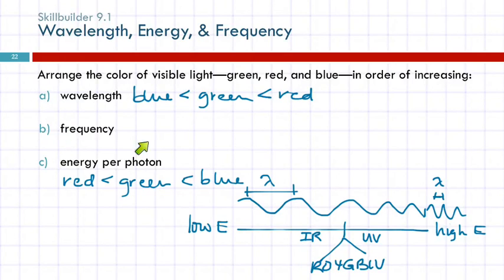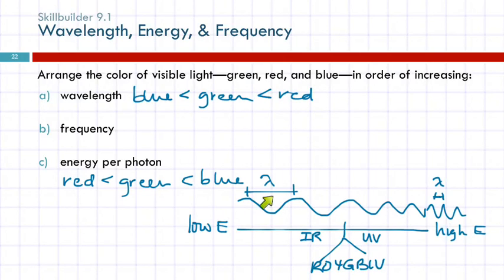Frequency. Well, think about standing at the beach and these waves passing. They're going at the same speed. What speed? The speed of light. So this is going to pass you less frequently, right?